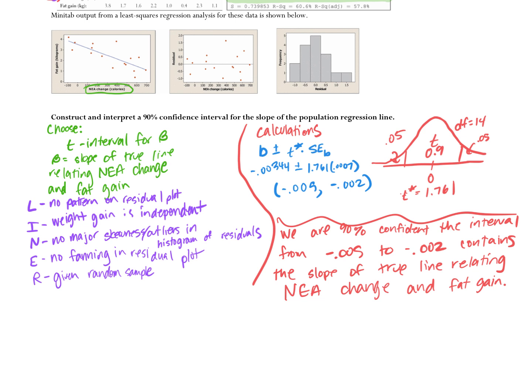So do not let the closeness of these numbers to 0 make you think that the slope is close to 0. In fact, when you look at this scatter plot, it doesn't look like the slope is 0, does it? This looks like a moderately strong negative relationship. Everybody good?